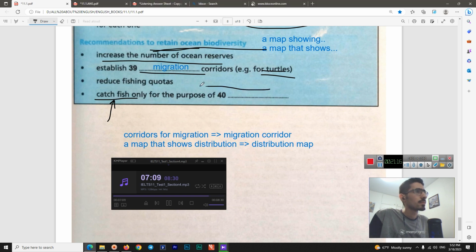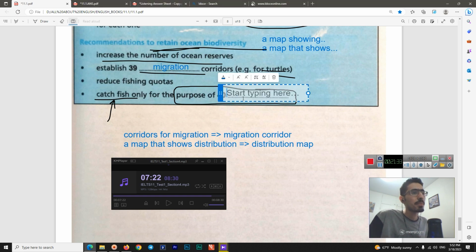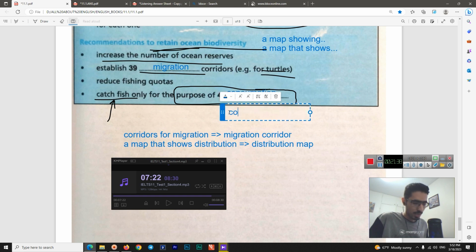They're returned to the sea, but they're often dead or dying. If these commercial fishing boats used equipment which was more selective so that only the fish wanted for consumption were caught. Fish wanted for consumption. Consumption is a noun that works here. Purpose of consumption. Consumption comes from the word consume. Consume is the verb, and it means to use, but here it means to eat.